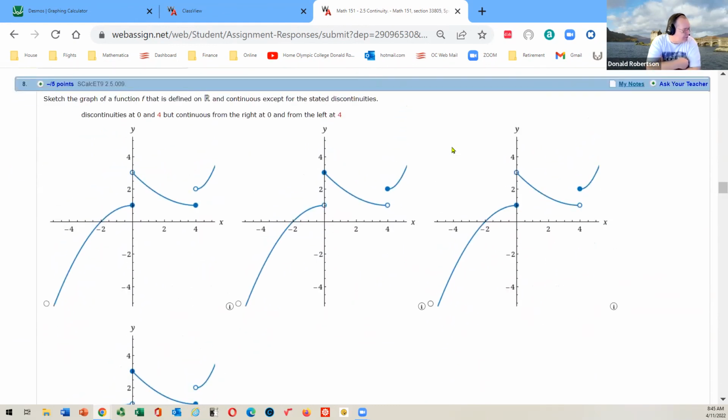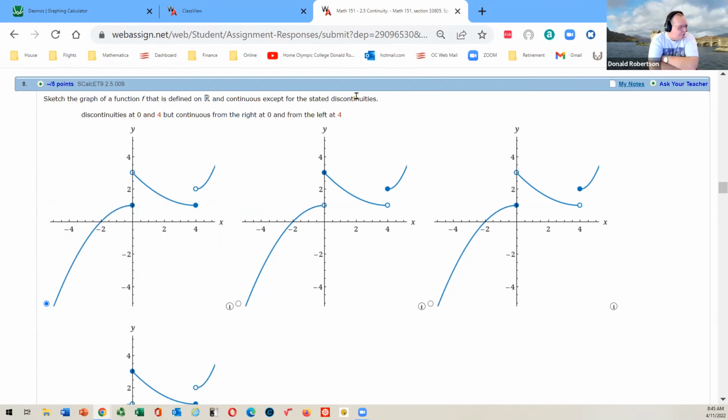Okay, let's look at this one. Oh, this is an interesting way of phrasing it. Discontinuities at 0 and 4, but continuous from the right at 0 and continuous from the left at 4.